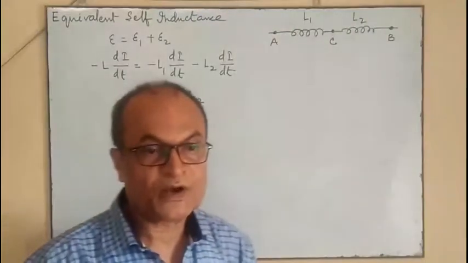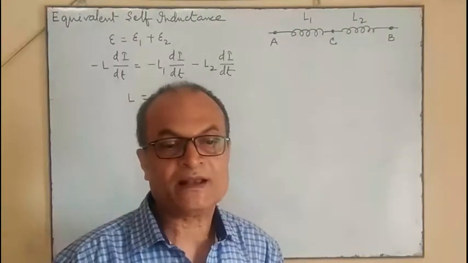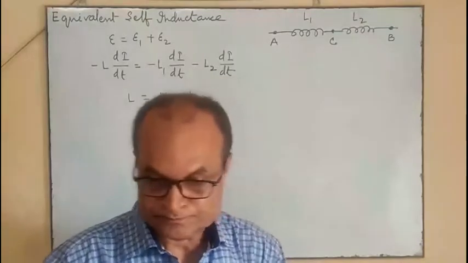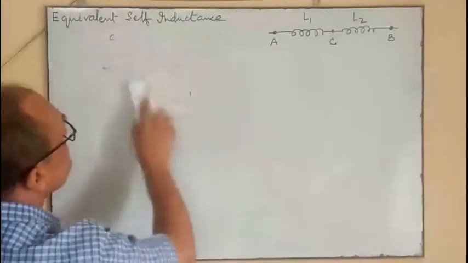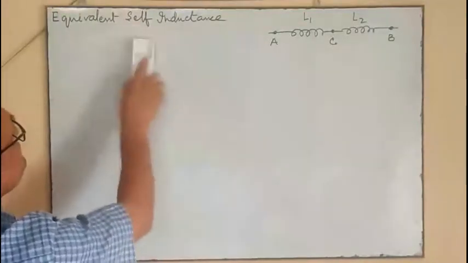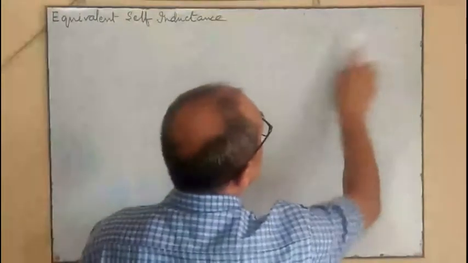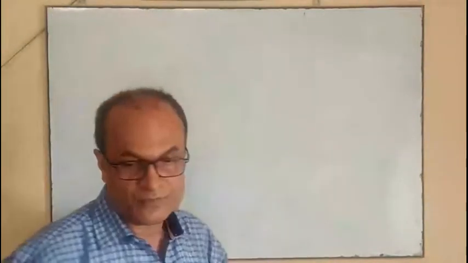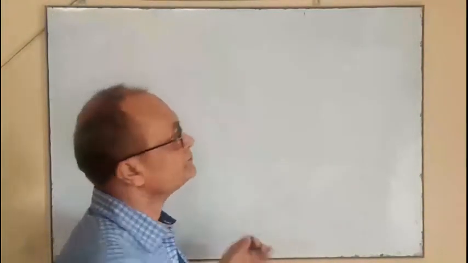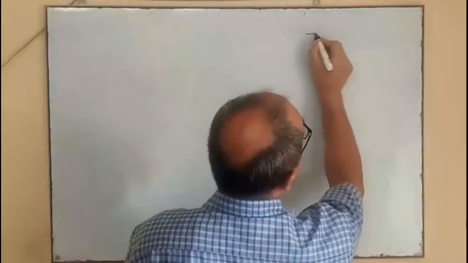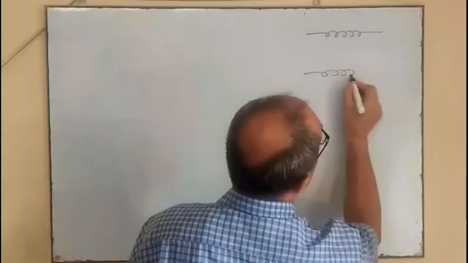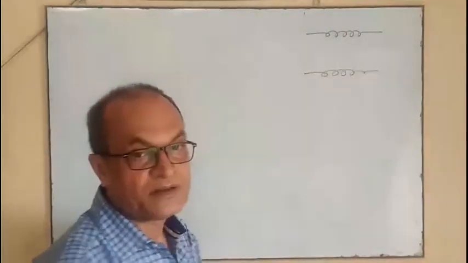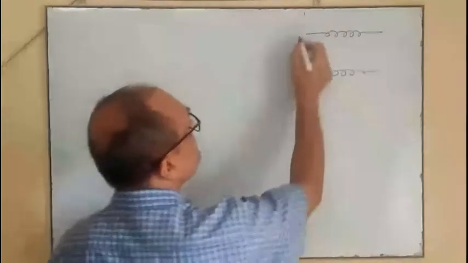Now we are going to see the coils connected in parallel. Here is one inductor, and this is the other inductor. They are connected in parallel.